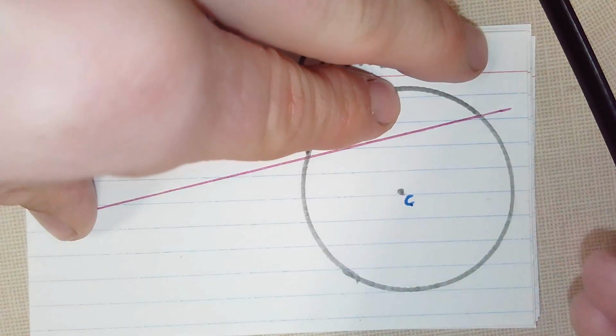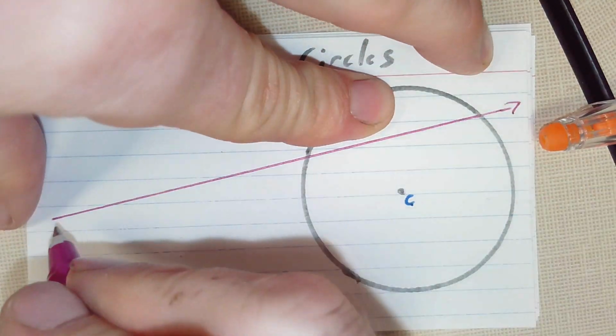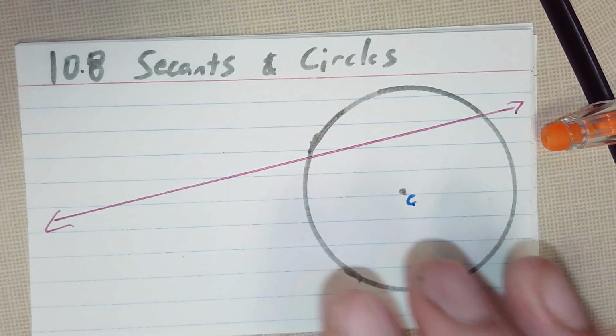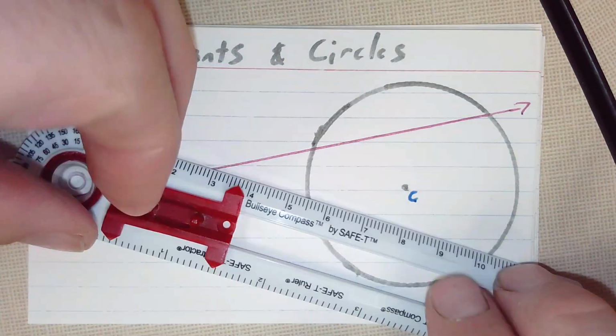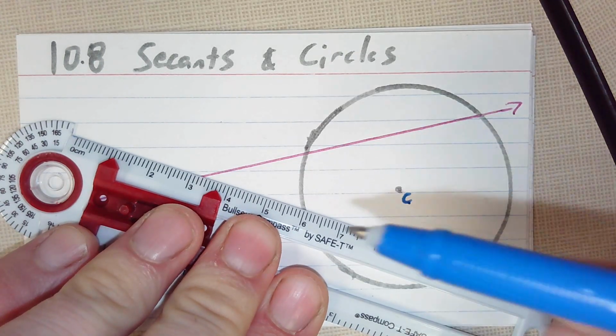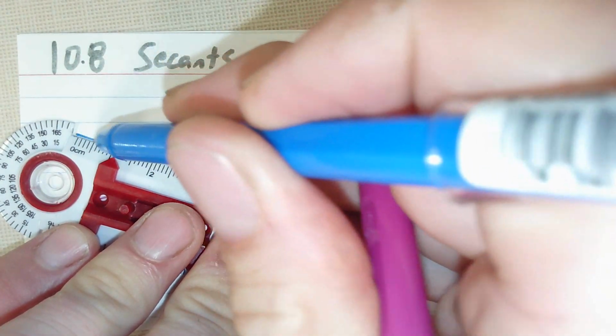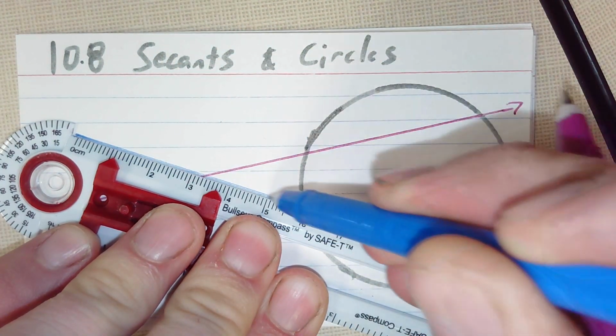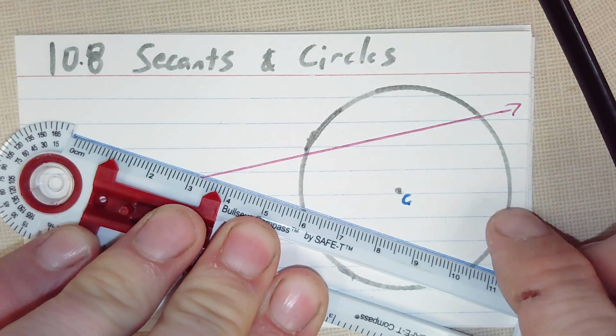We'll have this line right here, goes in there, and then we have another line. This blue line comes in like this. Again, it makes another chord.